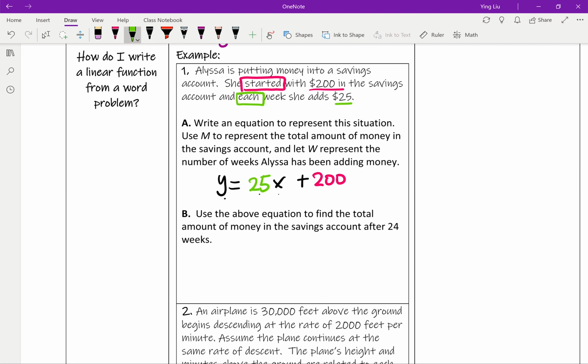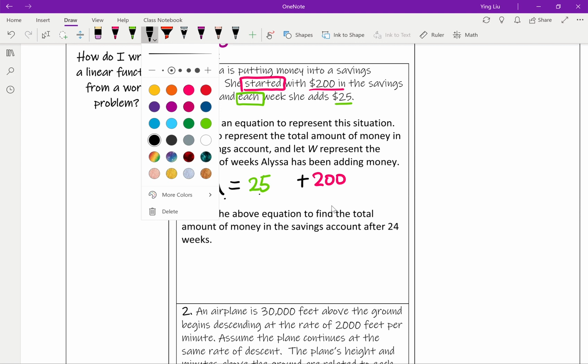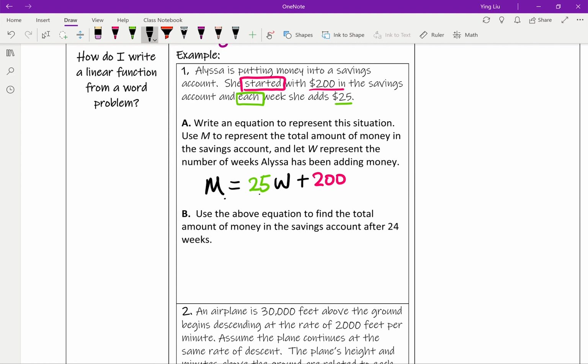So we're going to use that to replace the y here. We're going to use money because that's what we're looking for. And the x, we're going to replace with w because the money amount changes depending on how many weeks she puts in. So W is our input here.